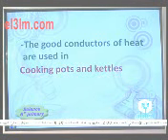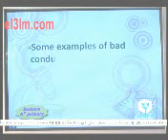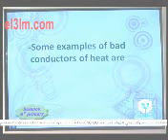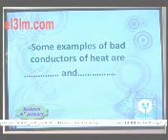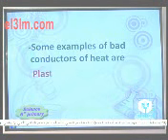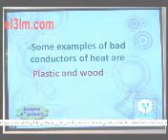Cooking pots and kettles. Some examples of bad conductors of heat are what and what? The bad conductors of heat are plastic and wood.